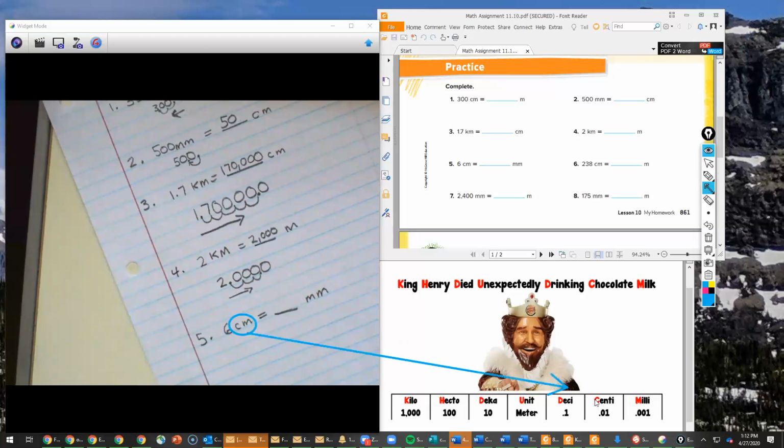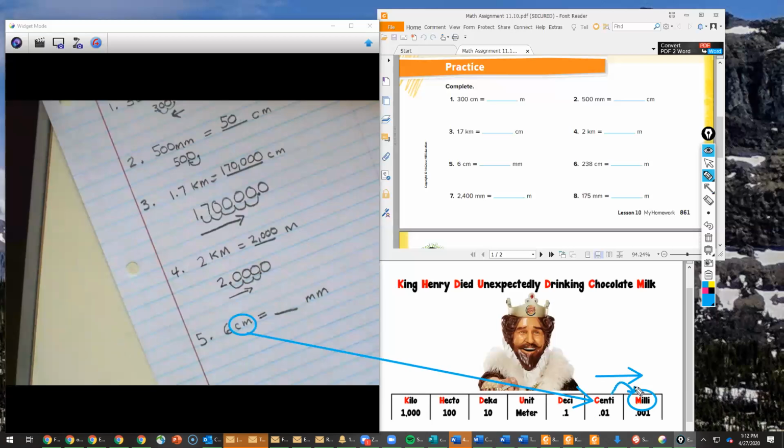Right here, centi. Then I'll look at the unit of measurement I'm moving to, which is going to be millimeters, right next door. And really all that means is I'm going to be moving to the right from centimeters to millimeters. And I'm only going to be moving just one jump over.